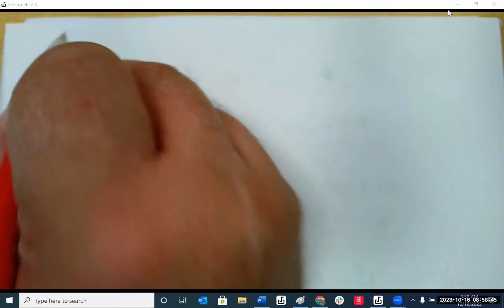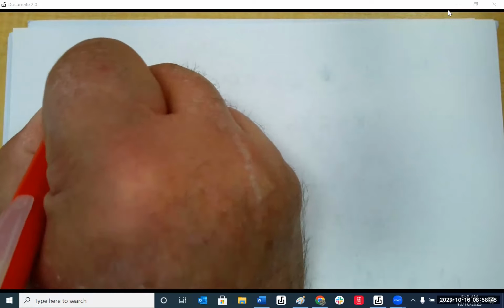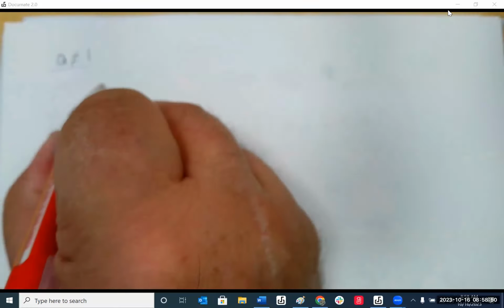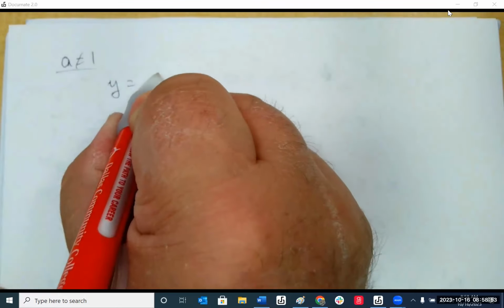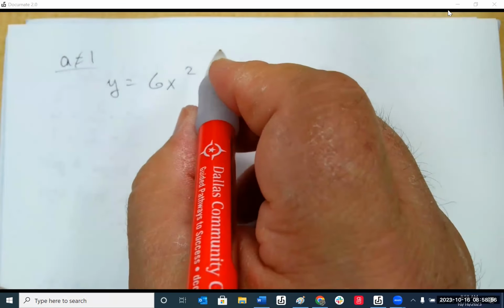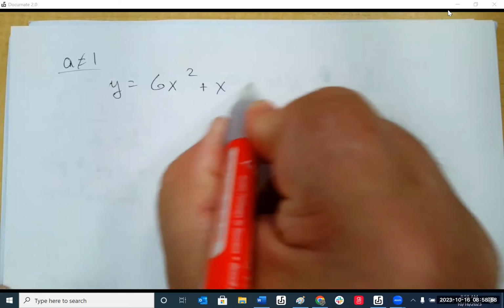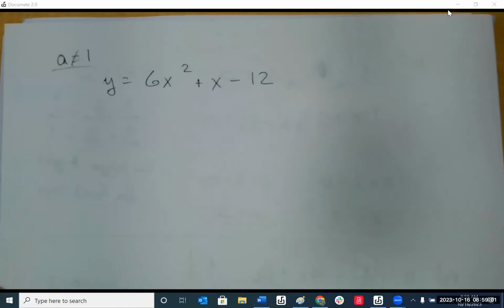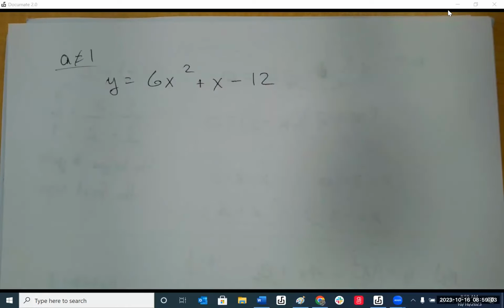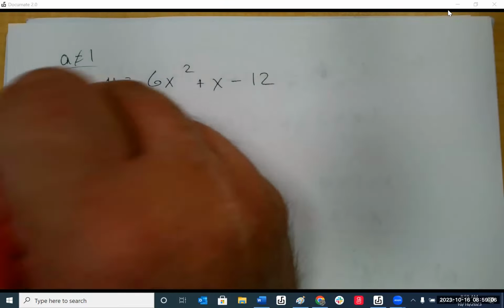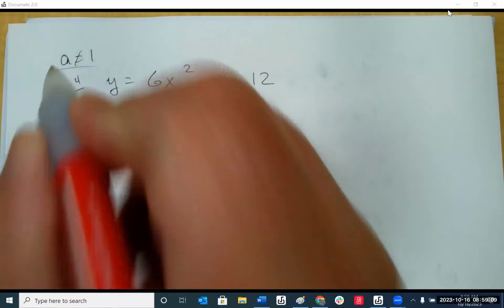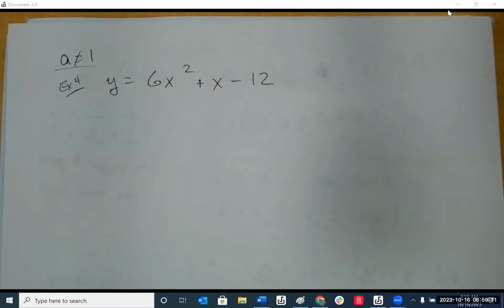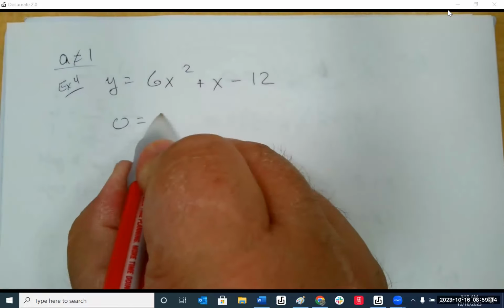Okay. The factoring method is fun if it works. Actually, let's see. Here's one where a is not equal to 1. This is an example when a does not equal 1. Set it equal to 0, which means everything's got to be on one side.